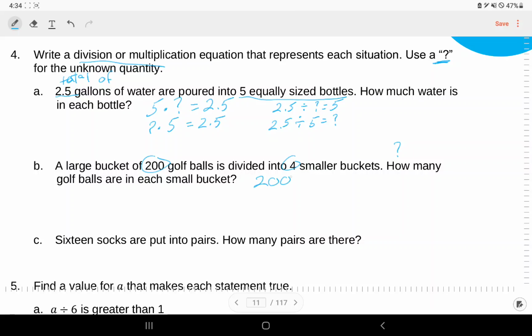So 200 divided by 4 is question. 200 divided by question is 4. And so that means 4 times question is 200, or question times 4 is 200. Those are the options.